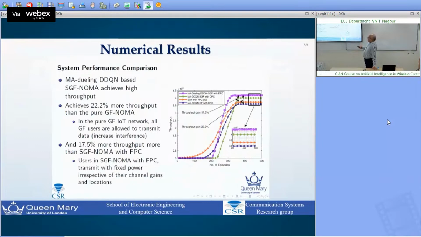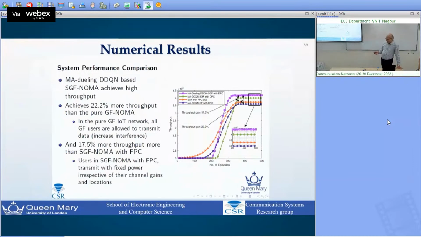Then we consider the fixed power control. When we have fixed power control, the performance is around 17.5% better. From these two, what we found is that with the dueling operation, if we have semi-grant-free with distributed power control, we can improve the throughput.